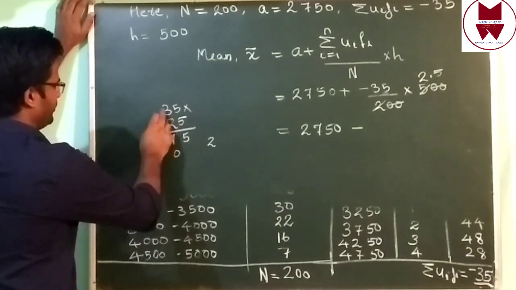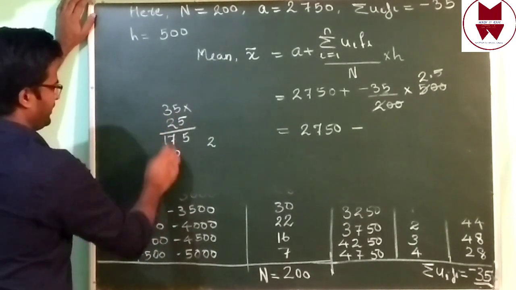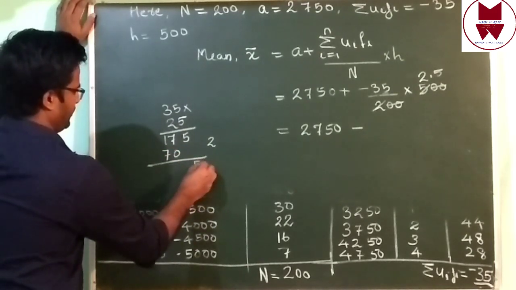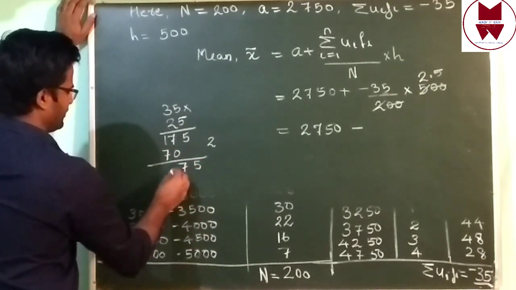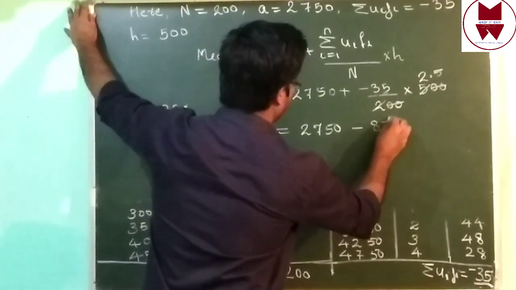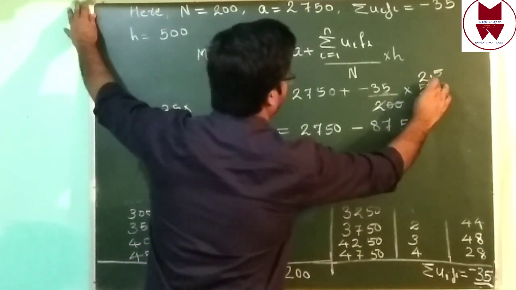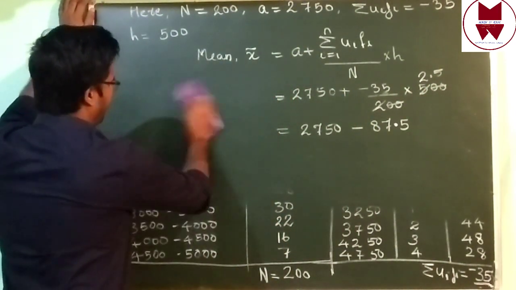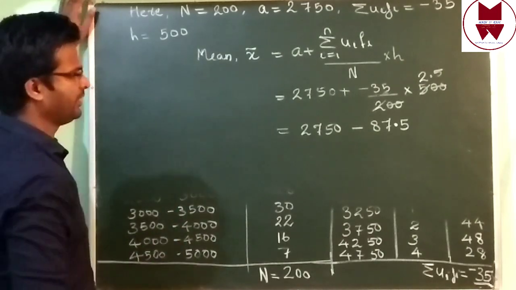Then 2 into 3 is 6, remainder 1, that will be 7. 5, 7, 8. After one decimal place, in the answer also we can put the point, that will be 87.5.